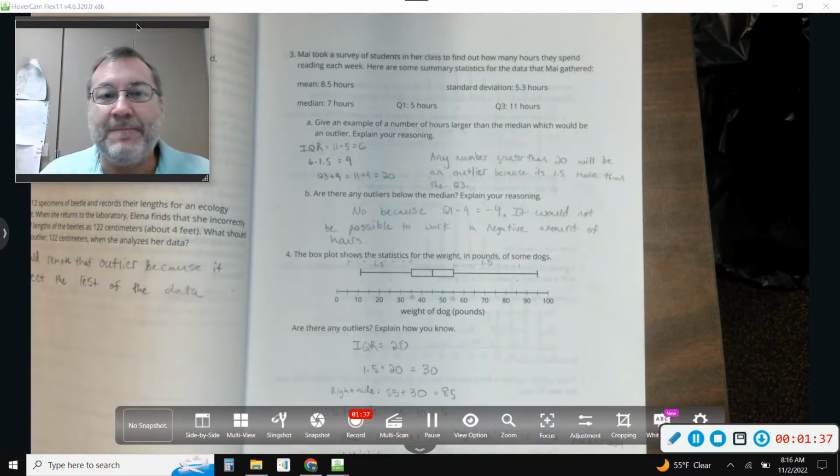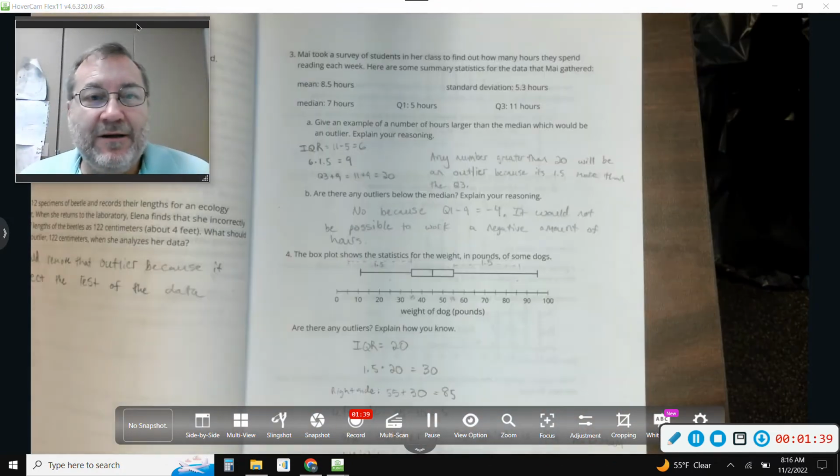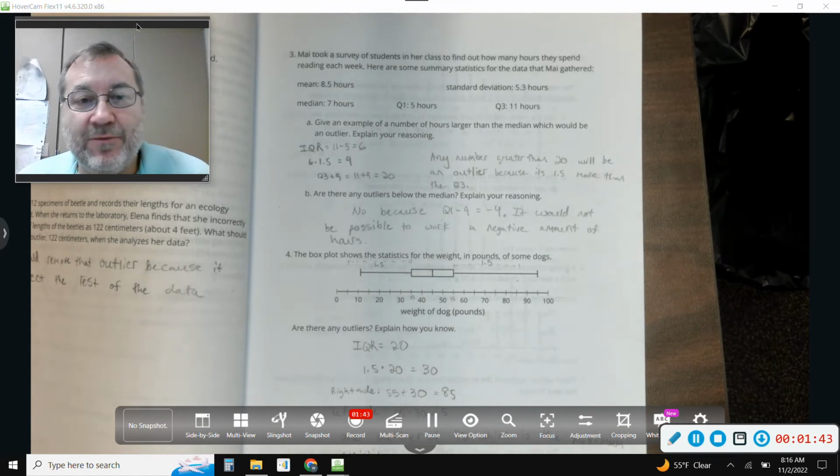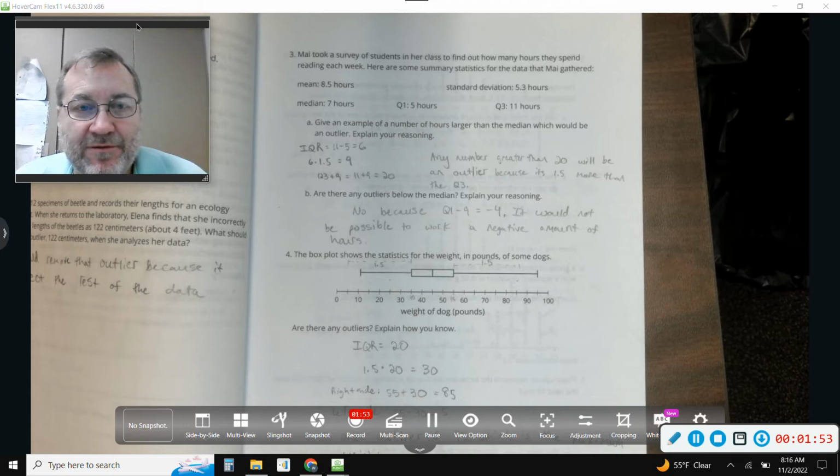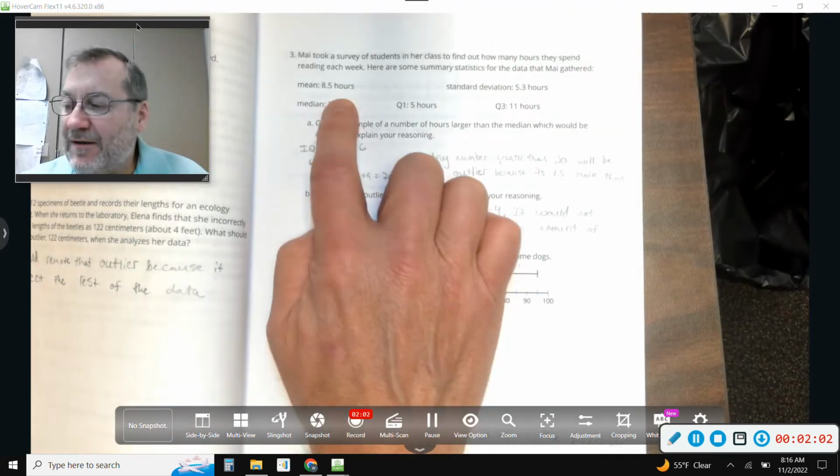On number 3, May took a survey of students in her class to find out how many hours they spend reading each week. Here are some of the summary statistics for the data that May gathered. You have a mean of 8.5, standard deviation of 5.3, a median of 7, Q1 of 1.5, and a Q3 of 11 hours. You can see that the mean and the median have been separated here.